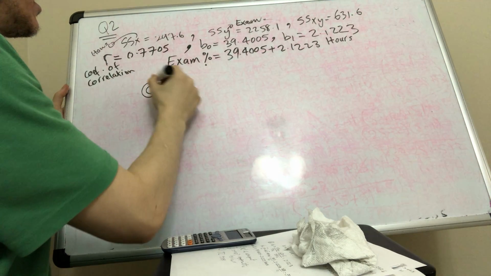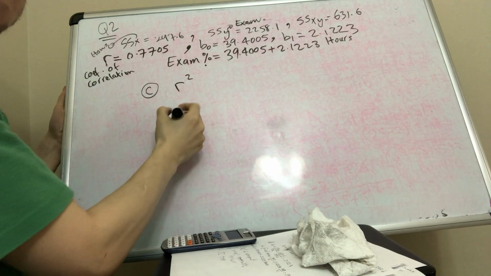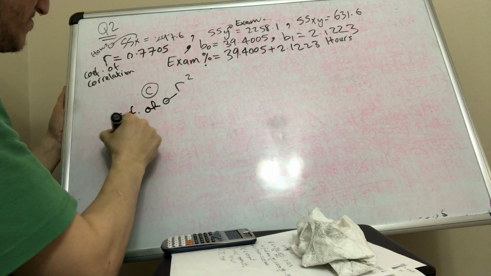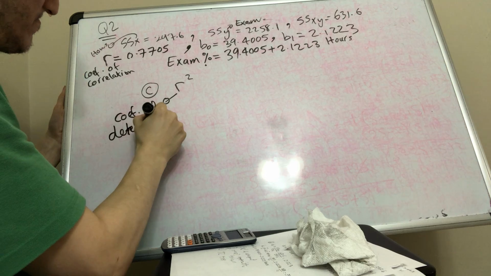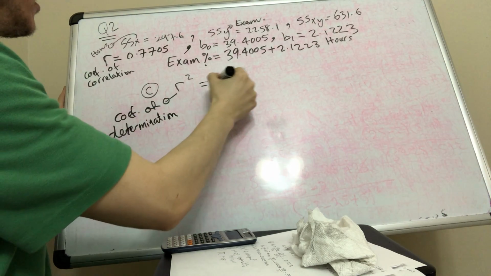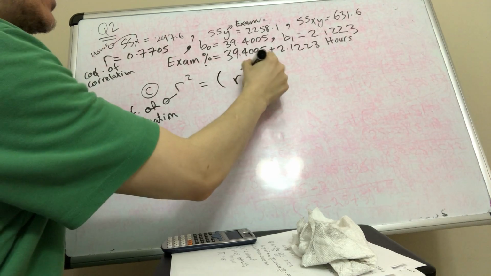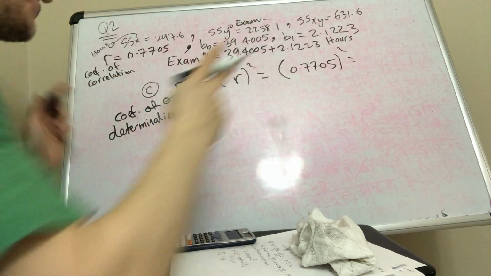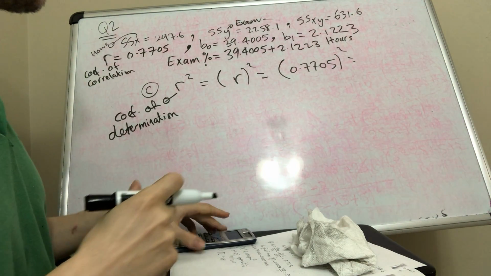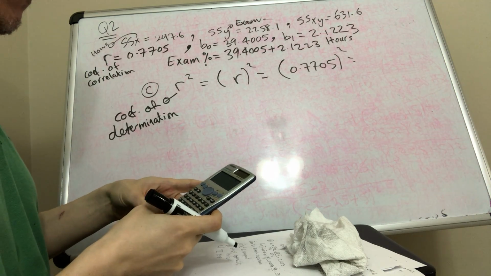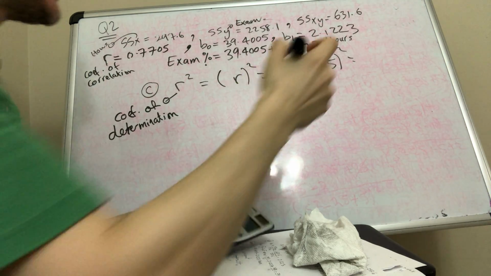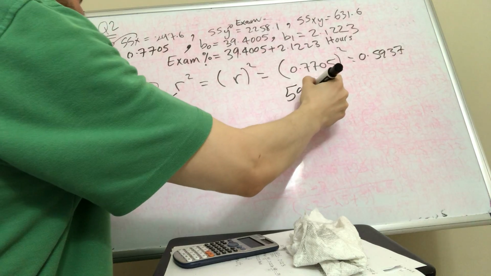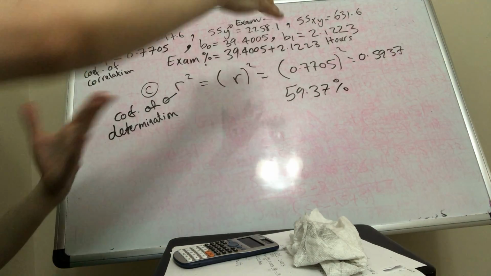Now we need the coefficient of determination, and that's R squared, where you just take the R value and you square it. So 59, about very close to 60%.